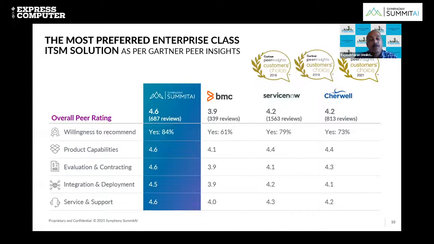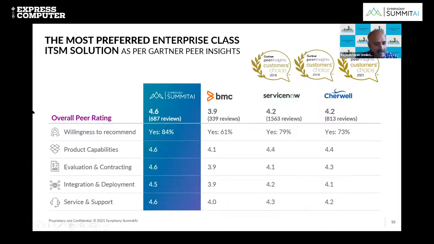Summit AI has been the most preferred enterprise class IT service management solution as per Gartner Peer Insights. Gartner Peer Insights Customers' Choice is a recognition given based on the ranking and performance by the IT decision makers and CIOs, based on their personal engagement and experience with specific vendors.